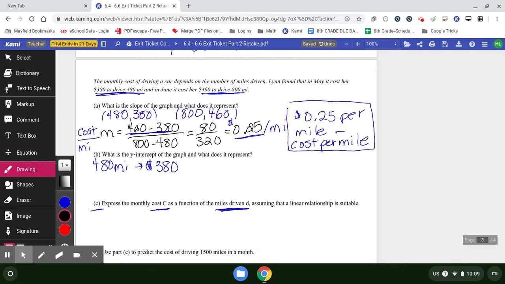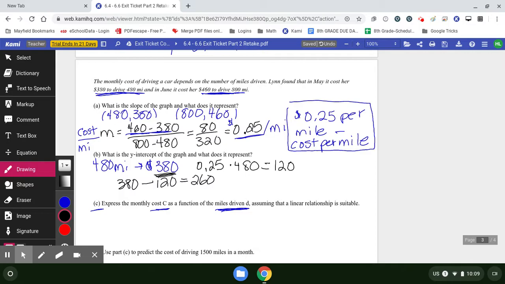Well, it's 25 cents per mile, so 25 cents times 480 is $120. So it cost $120 for the mileage, but the total was $380. So I have to do 380 minus 120, which gives me 260.